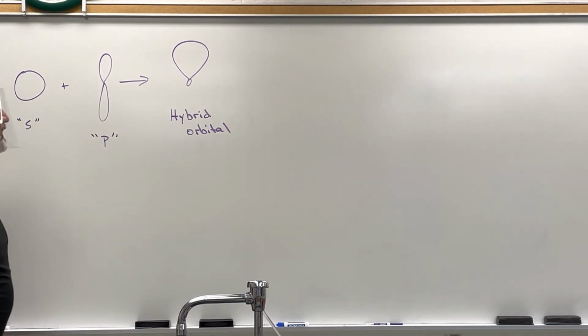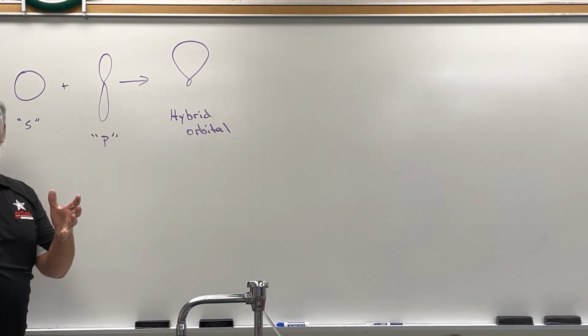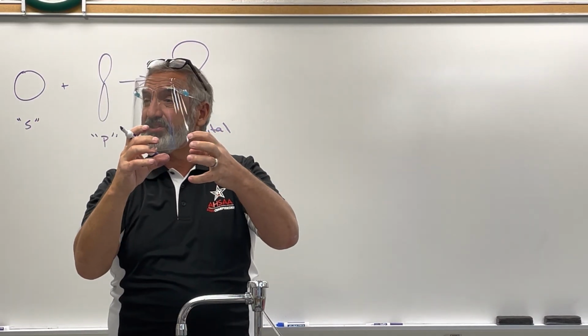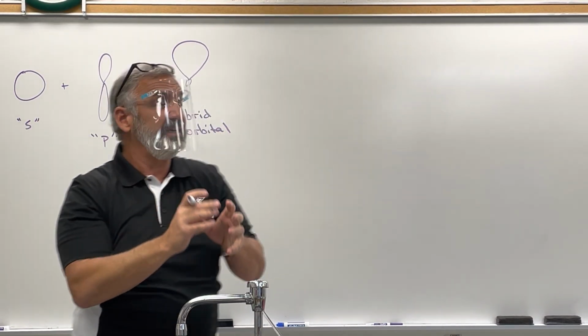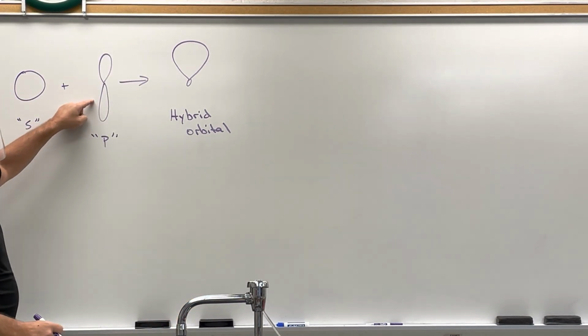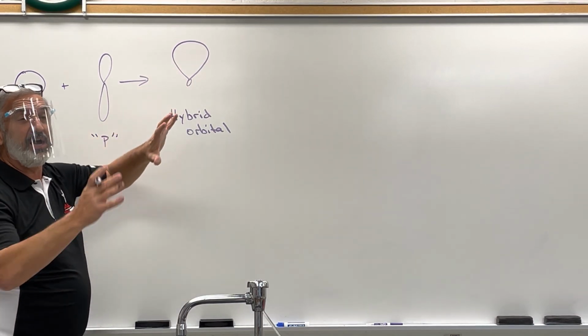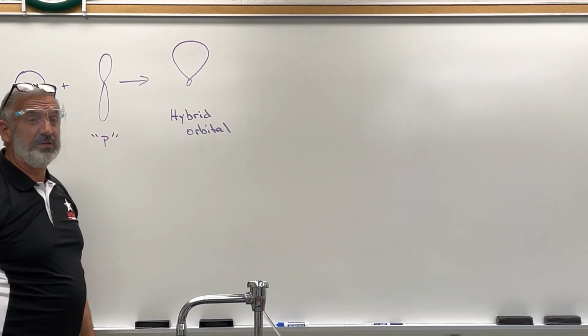So when we're talking about hybridization, all we're saying is that when the atoms start coming together and they want to bond, the electrons change where they hang out, and instead of being in this shape or in this place, they're going to be now in an area more like this. They're going to hybridize. Okay?